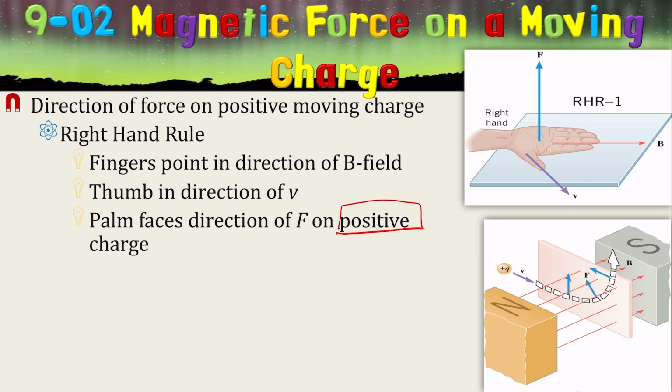For example, here your fingers would go the direction of the magnetic field. Your thumb is going to point the direction of the V, and then the palm is going to point the direction of the force.